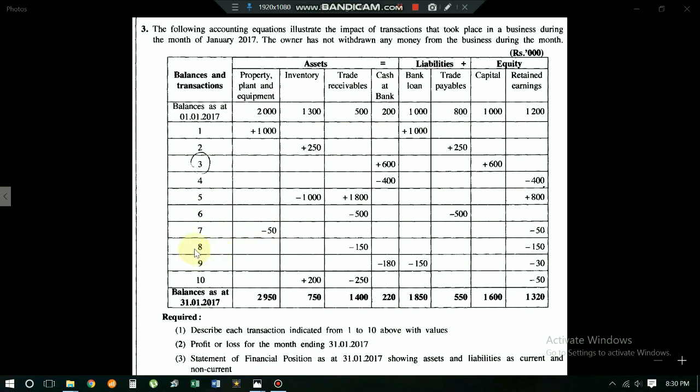Number 8, in this 8th transaction, debtor gone down, RE gone down. Think about debtor. Why debtor is gone down? Debtor can go down due to few reasons only. First one, if this debtor become bad debt, obviously my debtor going down.